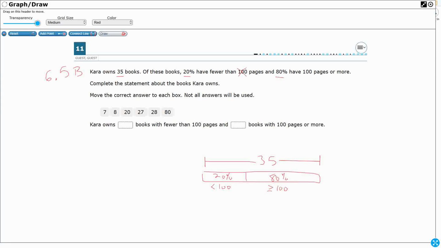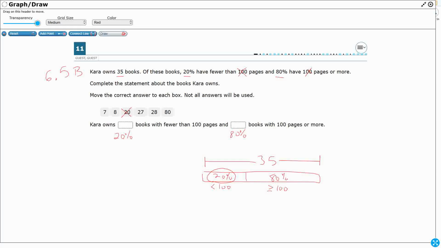Doesn't really matter about these two right here. We're just looking at that 20% and then 80%. So we're supposed to find the correct numbers to fill in the statement. So owns blank books with fewer than 100. So it's 20% fewer than 100, and this is 80%. If we had 100 books, that would be easy because that would just be 20 books and 80 books.